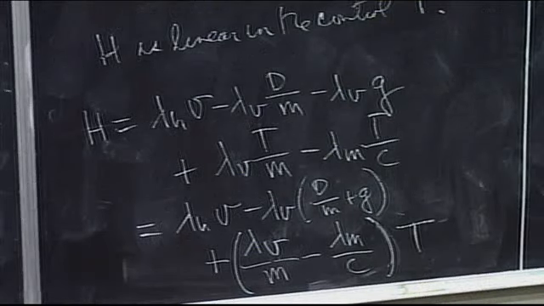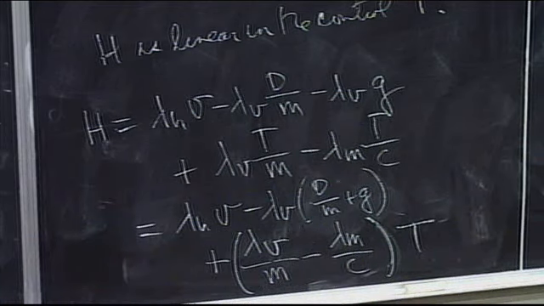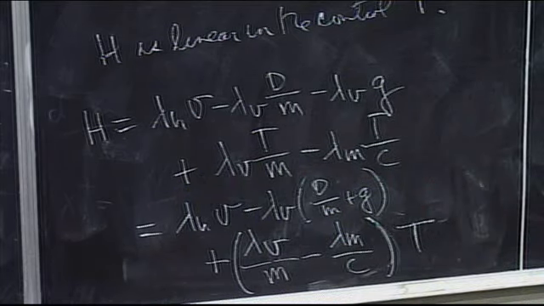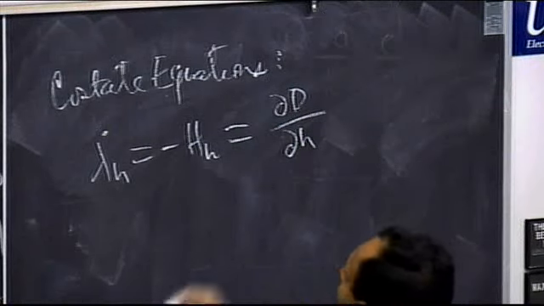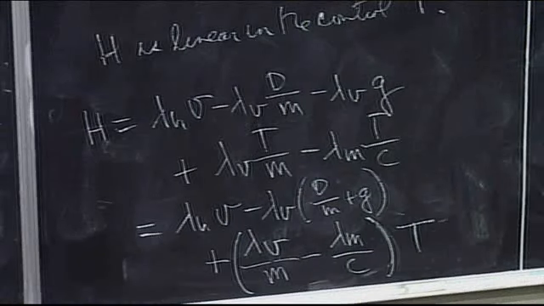So what do I get? I get the partial of d with respect to h, and I've got 1 over m times lambda sub v.